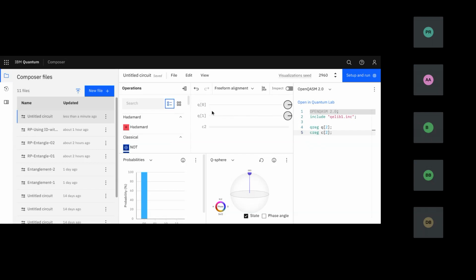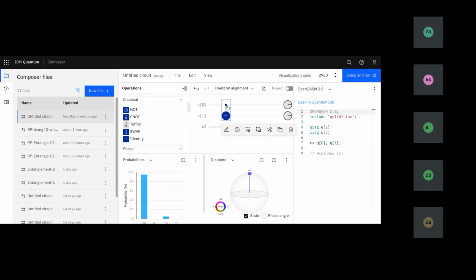Okay. So based on what we saw, the simplest one: assume Q0, Q1 are there in the register. All I want to do is create a CNOT. The first challenge you will find is that you cannot just take a CNOT and drop it, because what you find here is not the CNOT as described in our book.